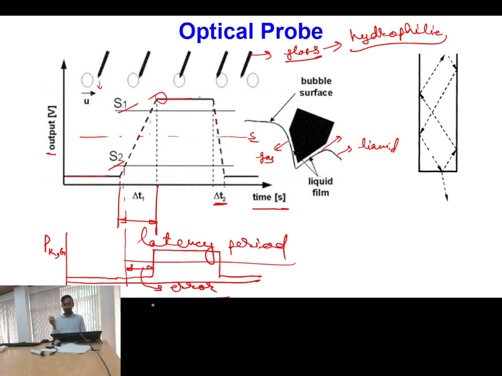This much portion, because I am considering that gas is only at this point and liquid is before this, is my error. So the more the latency period, the more the error in your measurement of void fraction. That's why we have to select the orientation of the probe in such a way that the latency period is minimum.